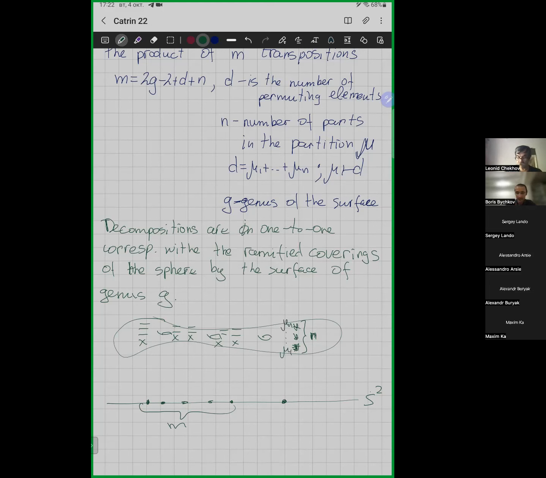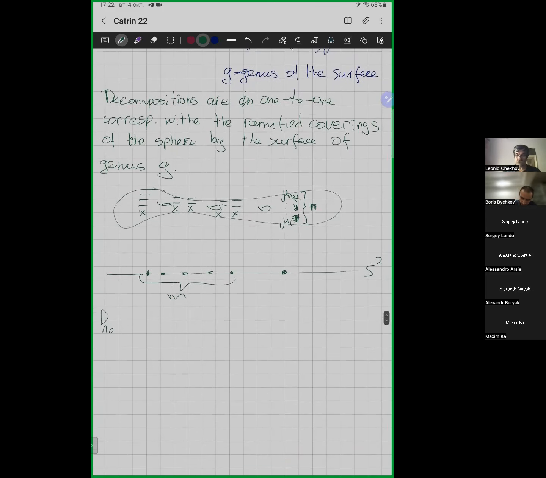Okay, and the formal definition of these Hurwitz numbers is 1 over d factorial times the number of ordered tuples of transpositions, where T_i is a transposition, and the product of all these transpositions has cyclic type mu.